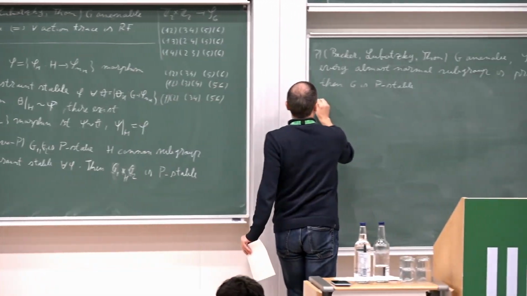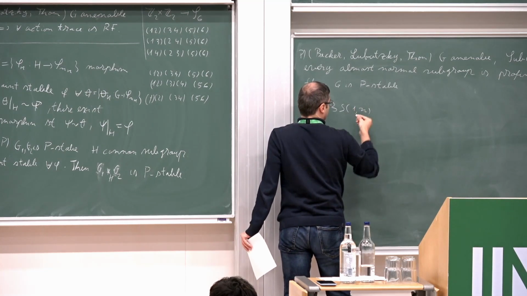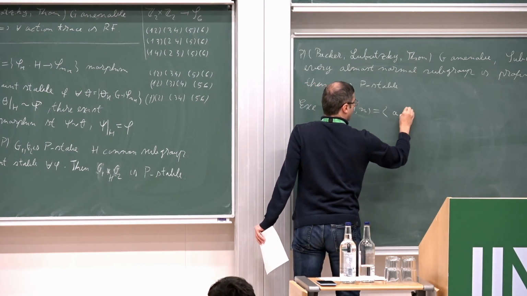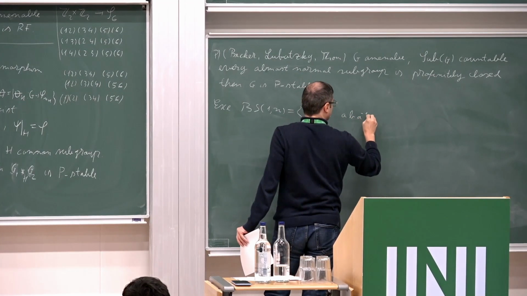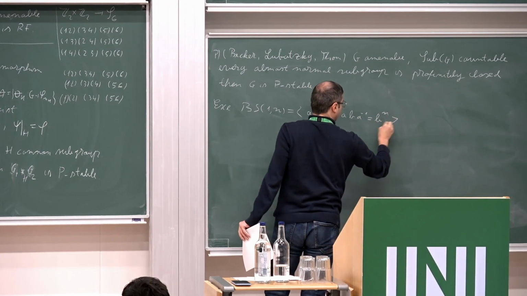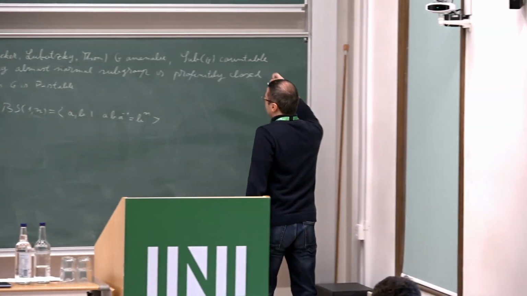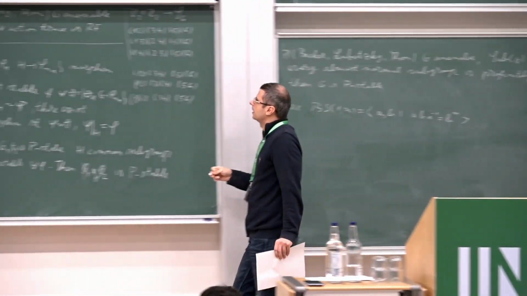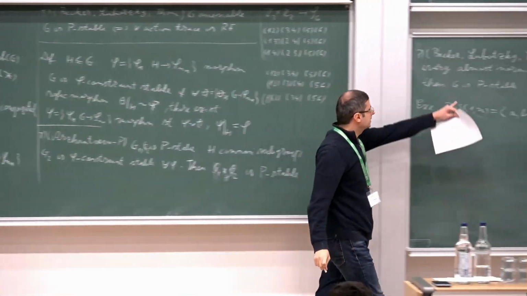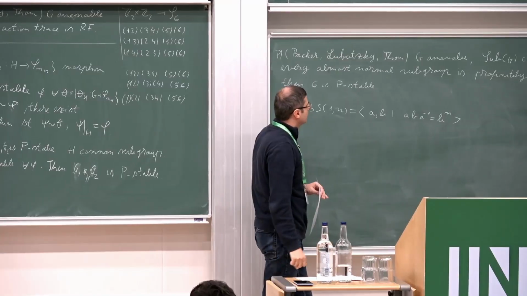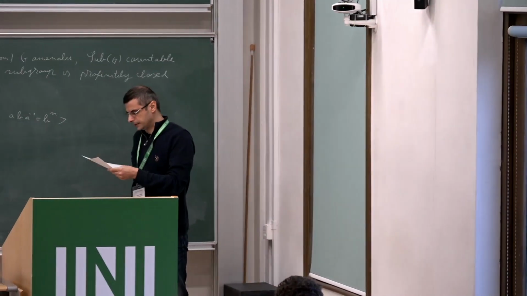Okay, so for example, Baumslag-Solitar BS(1,n), where you can apply this: a b a^-1 is equal to b to the power n. The fact that you have countably many subgroups greatly reduces the number of action traces, or invariant random subgroups, that you can have, and this other condition will guarantee that the ones that remain are residually finite.